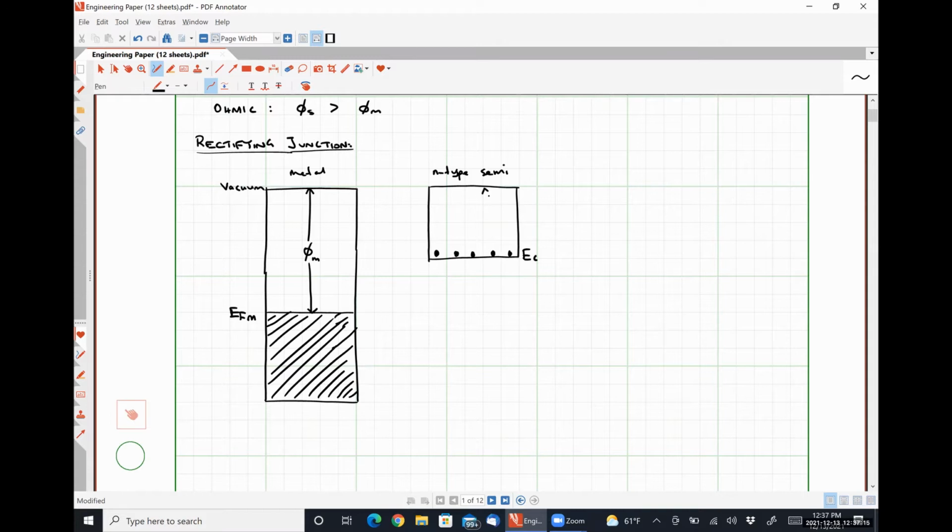The distance between the edge of the conduction band and the vacuum level is the electron affinity, chi. For an intrinsic semiconductor, the Fermi level occurs at exactly 1/2 of the band gap.